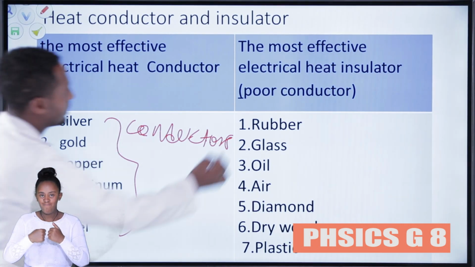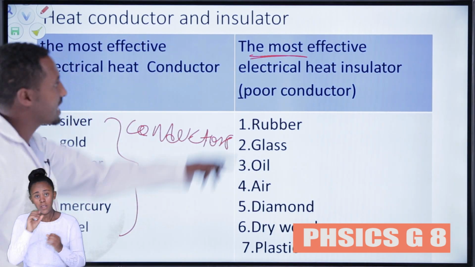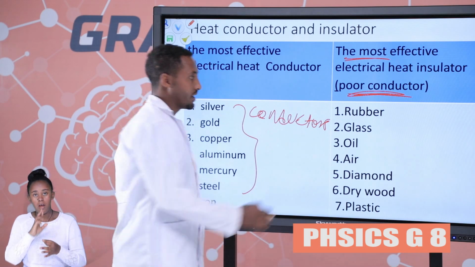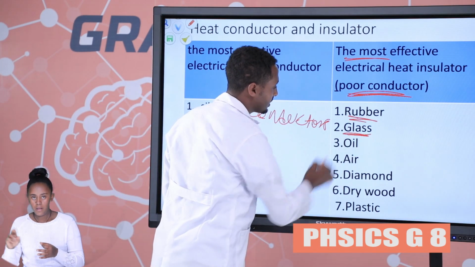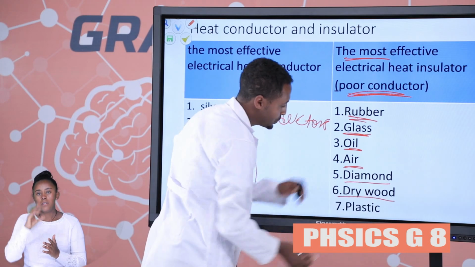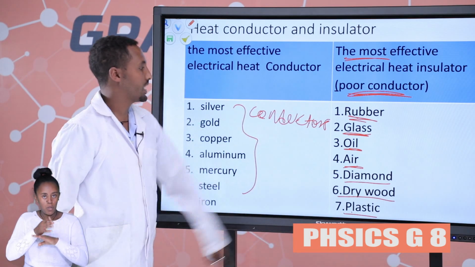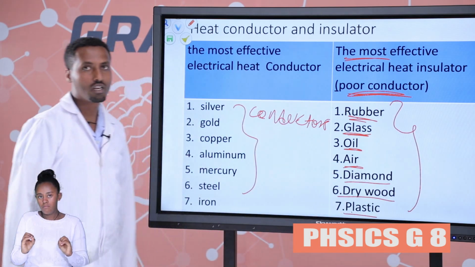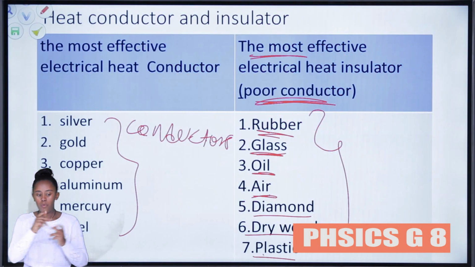The most effective heat insulators, or poor conductors, are rubber, glass, oil, air, diamond, dry wood, and plastic. These do not transfer heat from one place to another.